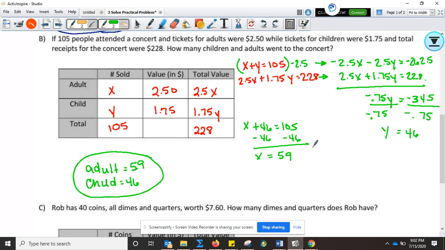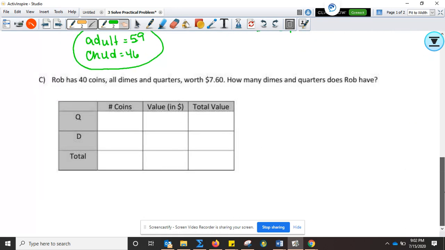Now, let's talk about money. We all like talking about money. Rob has a total of 40 coins, all dimes and quarters. So you could say Q and D, or X and Y. The value of a quarter is 25 cents.